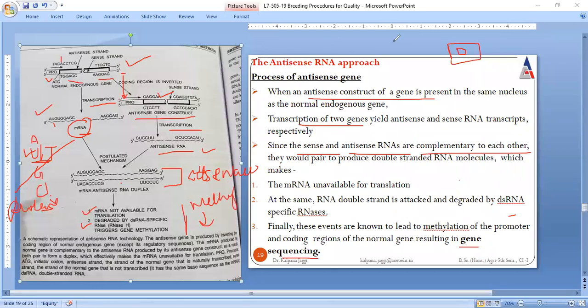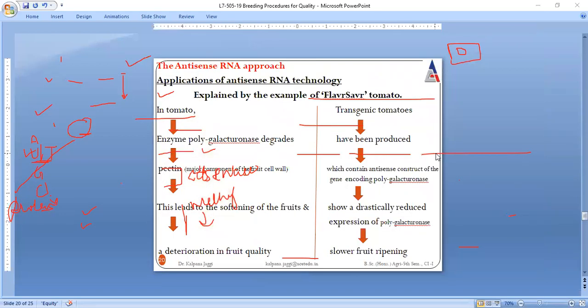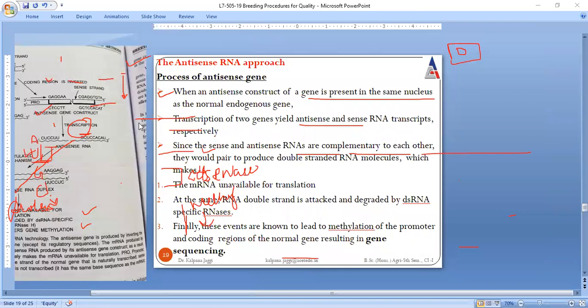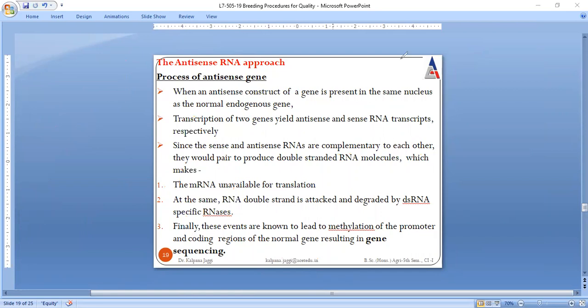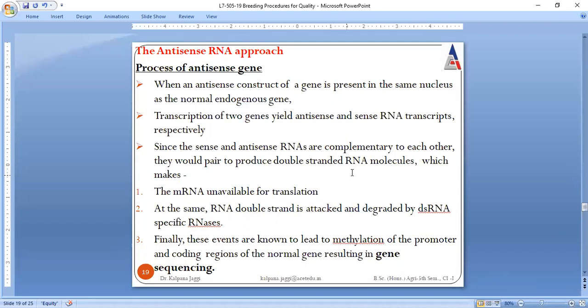So this is the process of the RNA approach. I just hope this is clear to you all. So this was all about the construct and process of the antisense gene. Now I will discuss with you all its applications.